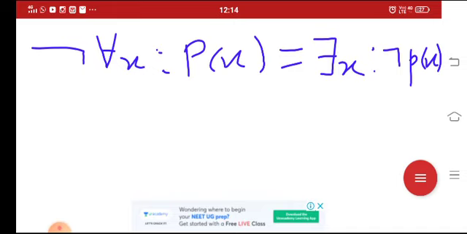Again, on the left-hand side the scope of the negation symbol was for the whole statement, and on the right-hand side it is reduced to only the variable P.